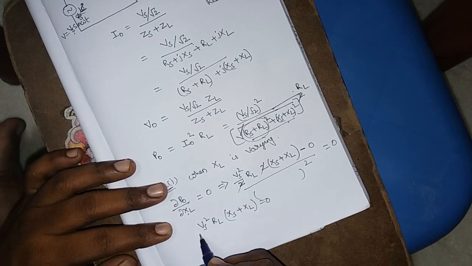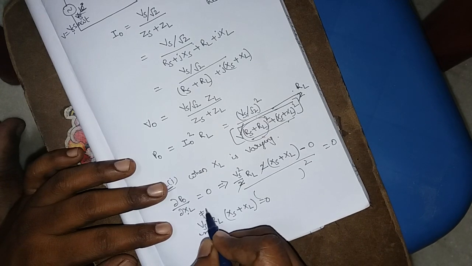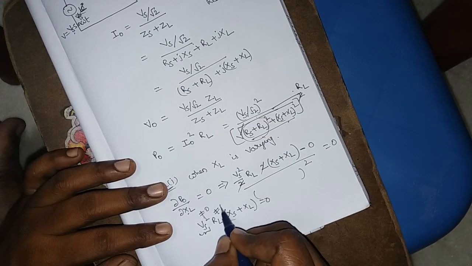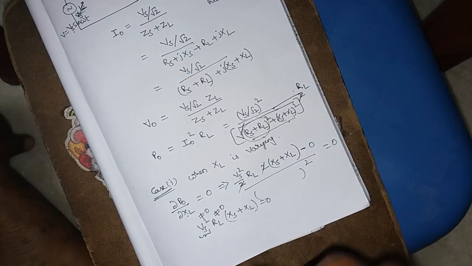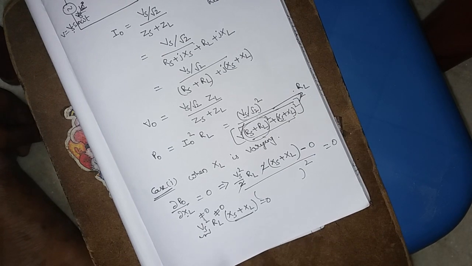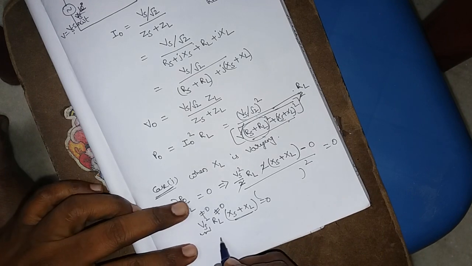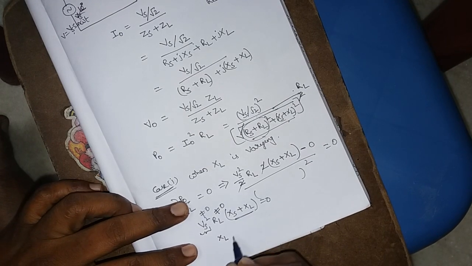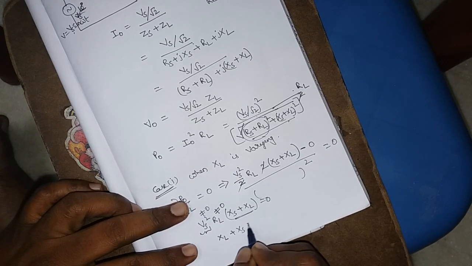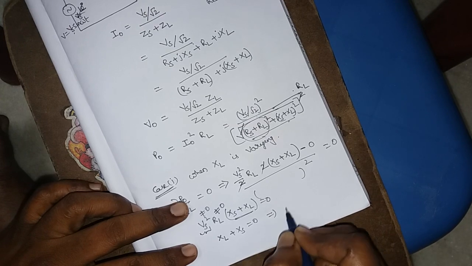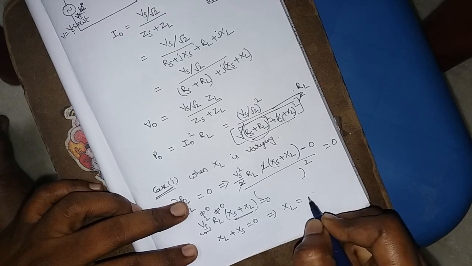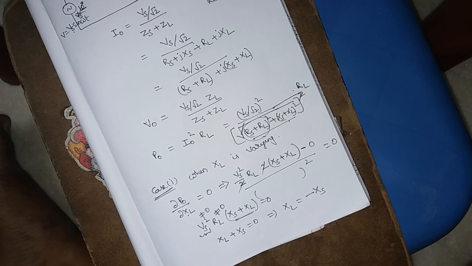Now we know that Vs is not equal to 0 and RL is not equal to 0. Then this term will be 0, that is XL plus XS is equal to 0. That means XL is equal to minus XS.